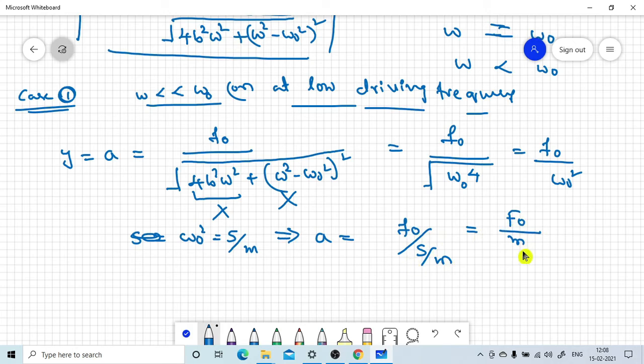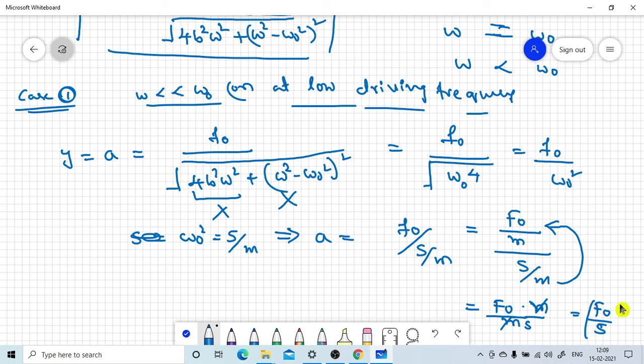This is the small s value, equal to s divided by m. This m will go to the numerator position. Then what value will we get? F naught divided by m into s into m. This m is cancelled, so we get f naught by s only.